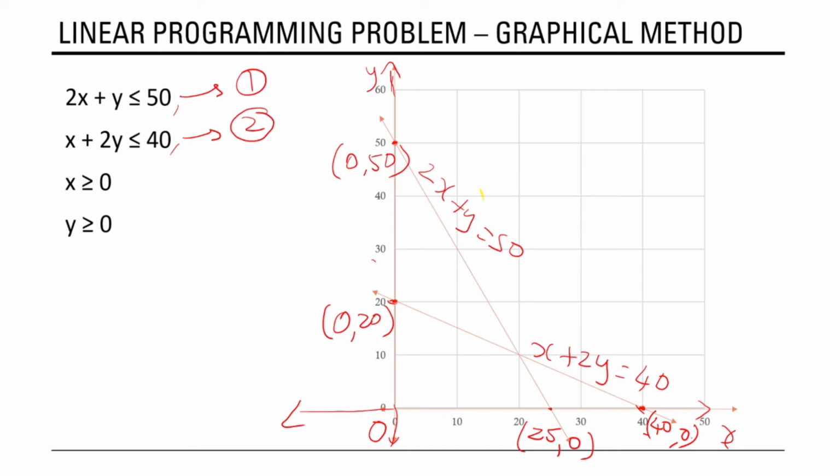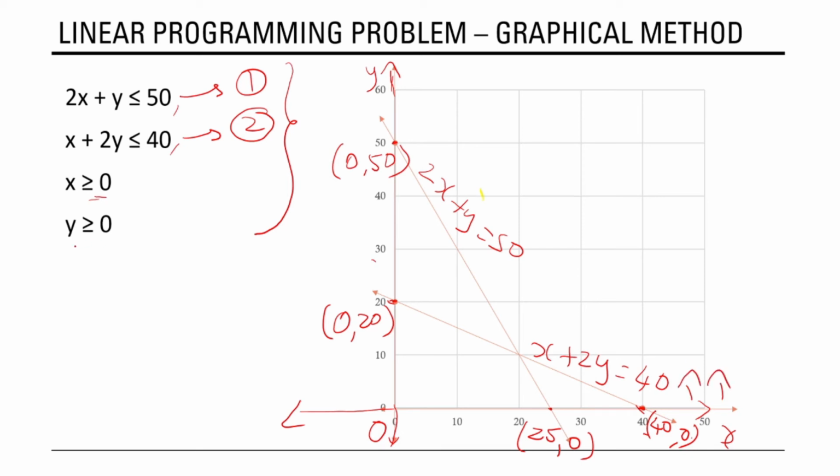So now we have to find that part or that region in which all these inequalities are satisfied. Here, let us take x greater than or equal to 0. Here all the values of x are positive. It corresponds to this part.